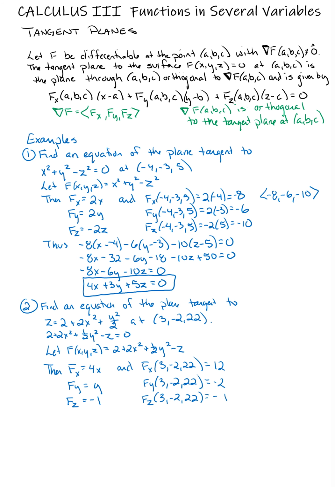All right, so now we are ready to find the equation of the plane. Again, we're using 12, negative 2, negative 1 as our normal vector. So we could say over here, I guess we could have said that, our normal vector. Actually, formally that is the gradient.